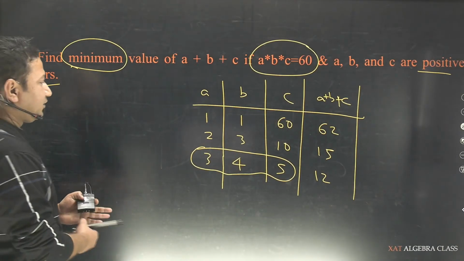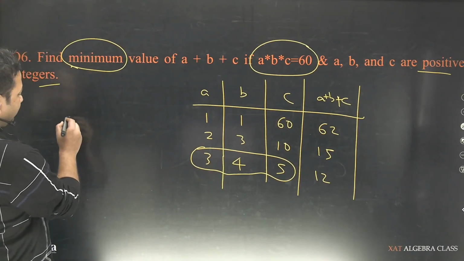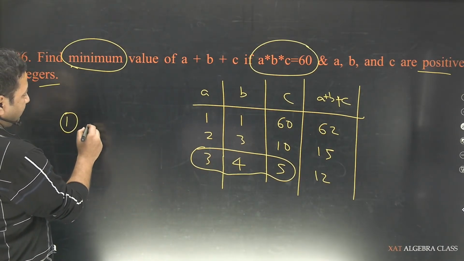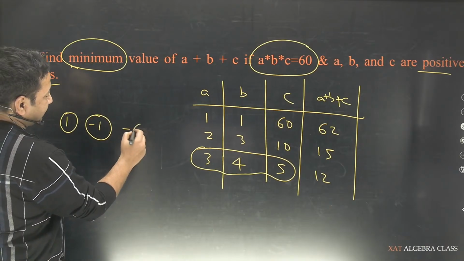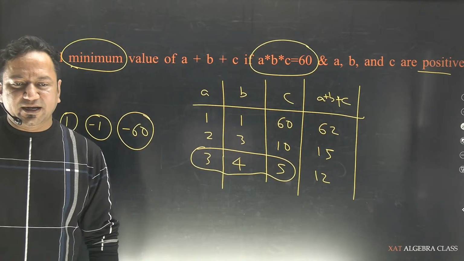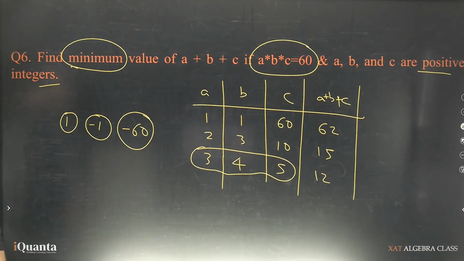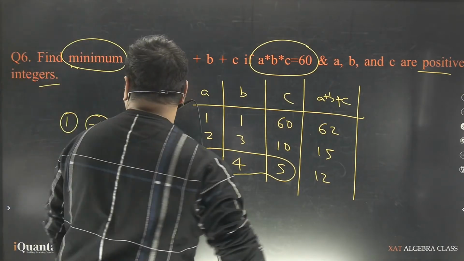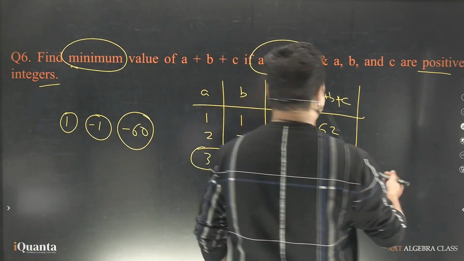I think what you might have done is this: 1, -1 and -60. यही लिया होगा. So 1 and -1 cancel each other. So you get -60. Right? Minimum is -60. Very good. Well done, guys. चलो ये भी हो सकता है, क्या पता क्वेश्चन ऐसा आ जाए.